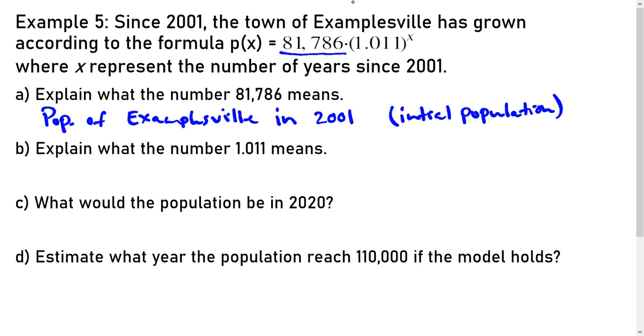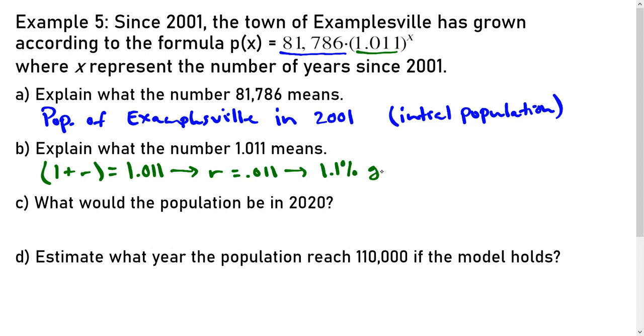The next part says explain what the number 1.011 means. So that's this part right here. So that 1.011, well, we know that what's inside of here is generally speaking 1 plus r. So if 1.011 equals 1 plus r, then we could deduce that r is actually 0.011, which is really a 1.1% growth rate.